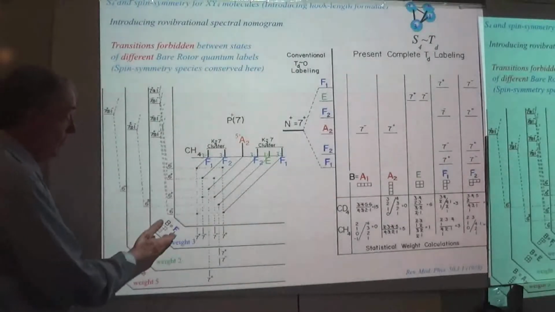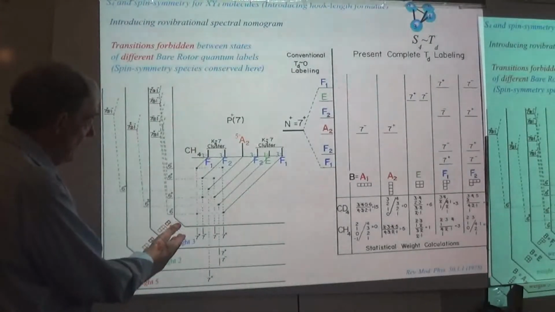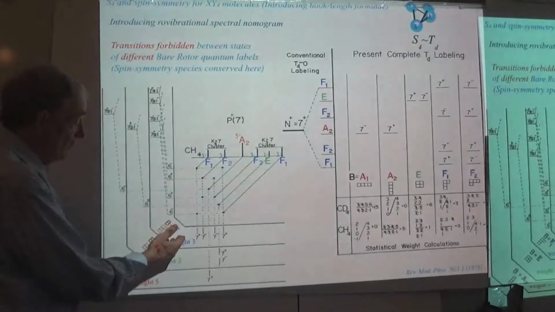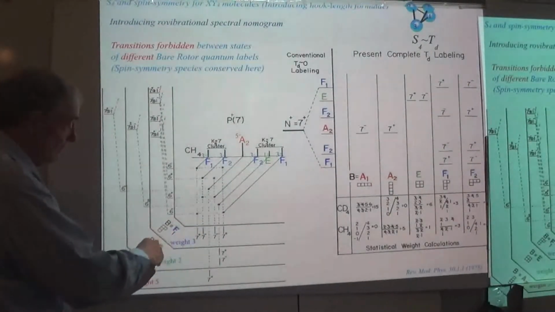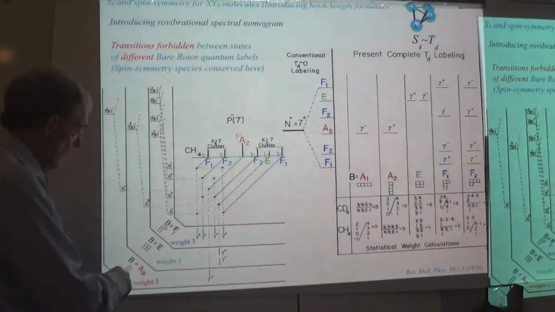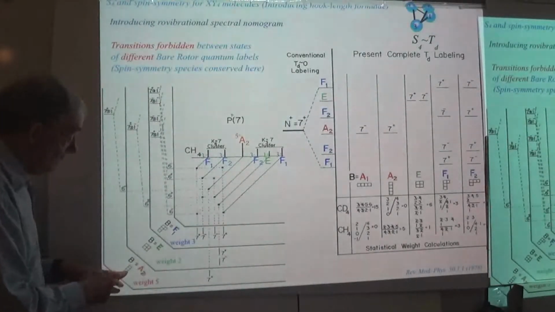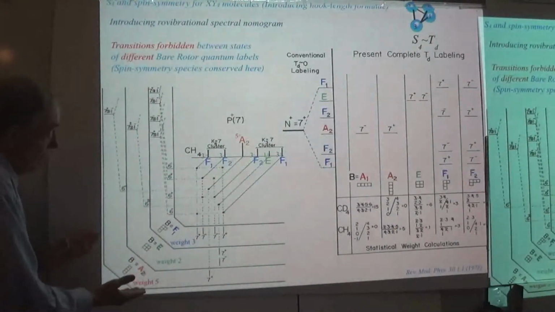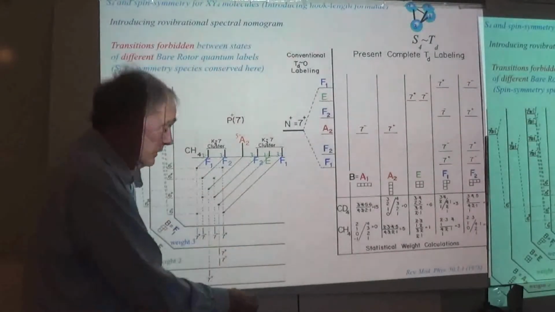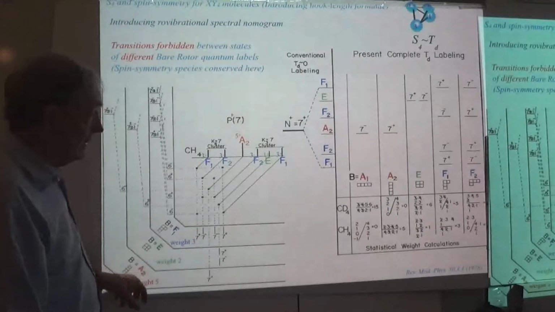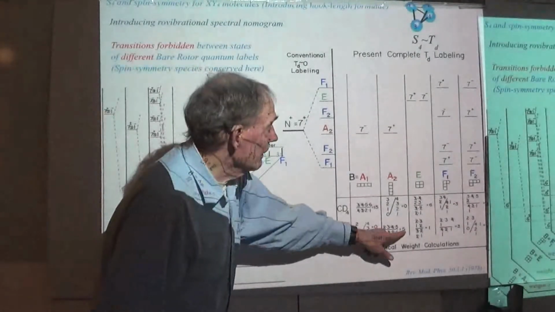So this one right here, which has for methane associated with the most nuclear spin, and actually this one right here is the one that's associated with the very most. This one has a weight of 5 from that calculation that involves the A2 right there.